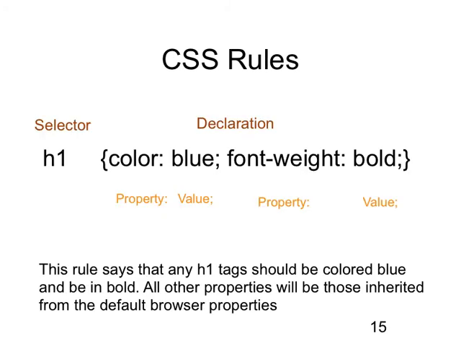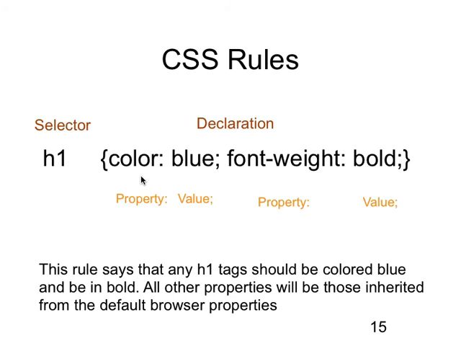So let's actually look at what CSS might look like. In a style sheet, we have a selector and we have a declaration. The selector says, this is what I'm talking about. So wherever you have an H1 in the document, I want it to look like this.